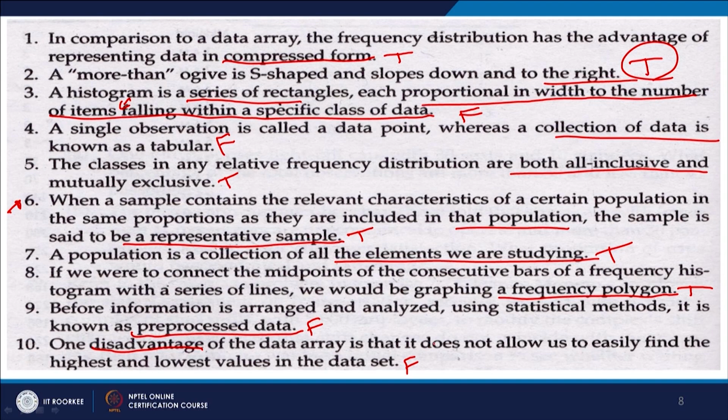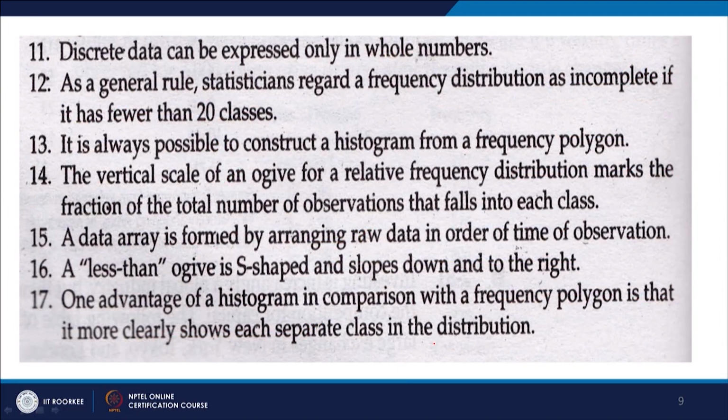Let us move on to the next statement. Discrete data can be expressed only in whole numbers. Is it true or false? This is false. Okay. As a general rule, statisticians regard a frequency distribution as incomplete if it has fewer than 20 classes.